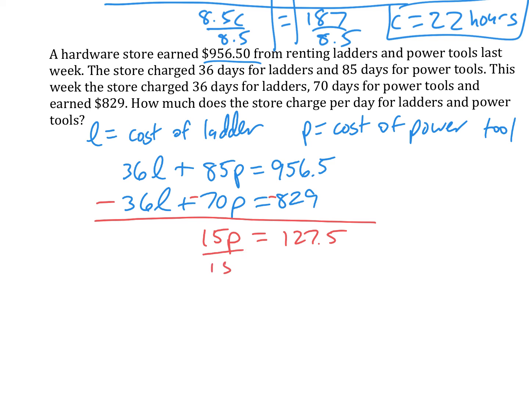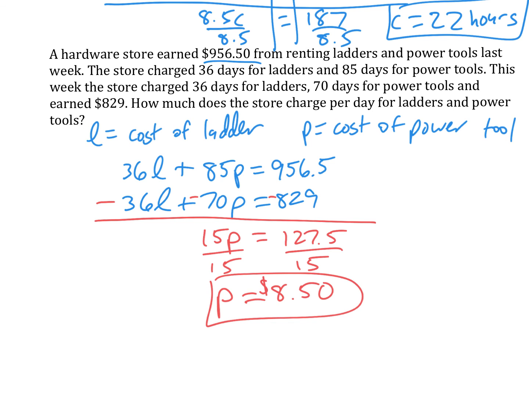And we'll divide by 15 on both sides to get P all by itself. So P equals 8.5. Since this is money, we'll write $8.50. So the cost of power tools is $8.50.